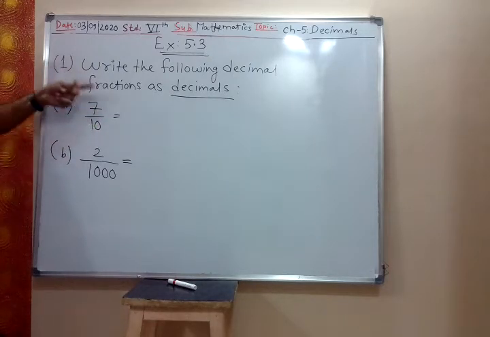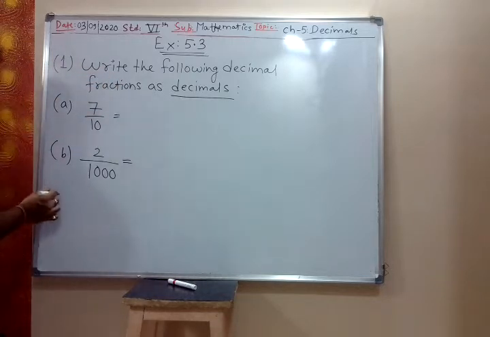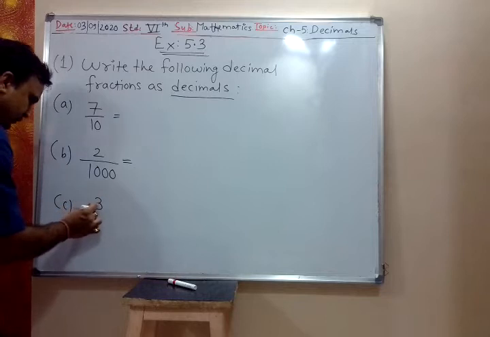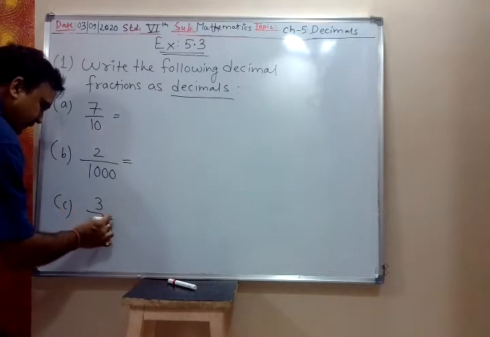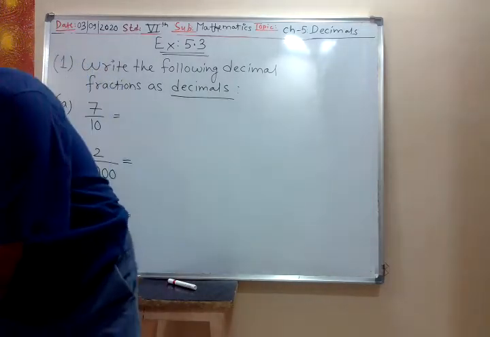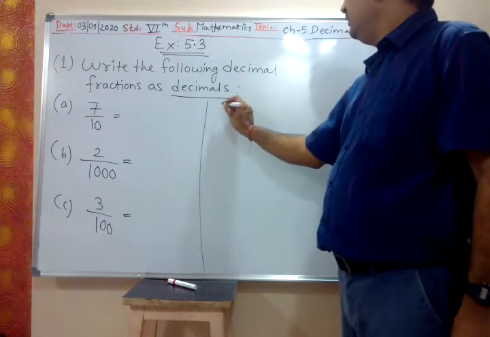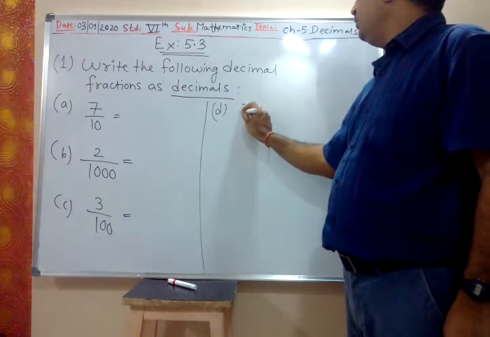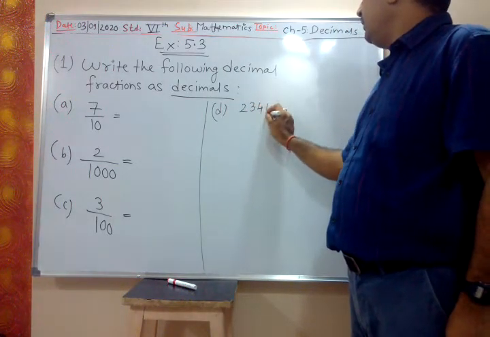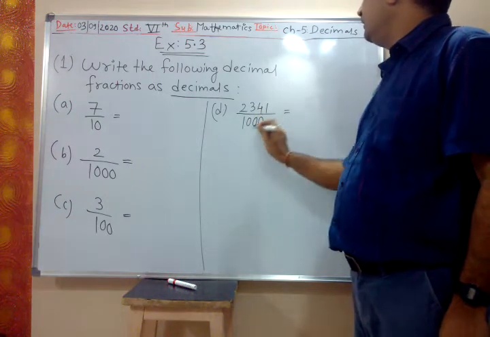You have to convert this fraction into decimal. Then C is 3 upon 100. Yes. Then D is 2341 upon 1000.